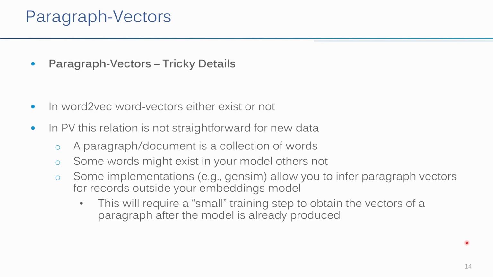And because of that, this is one of the tricky details, especially if you're using the Doc2Vec implementation from Gensim. Every time you're trying to infer a new vector for a document, you do have to run a small training step to obtain the vectors for that paragraph after the model is already produced.